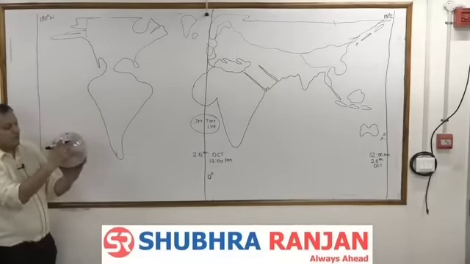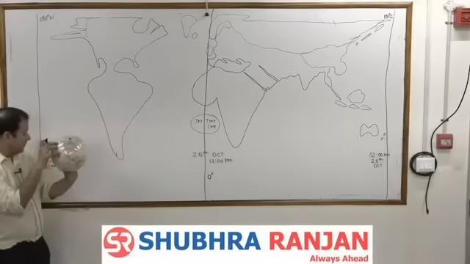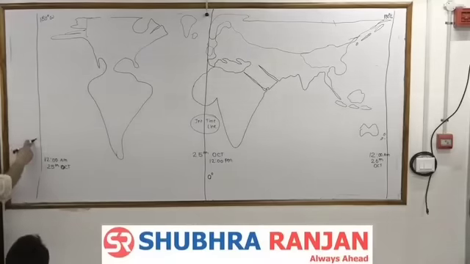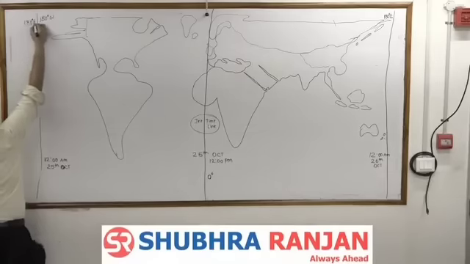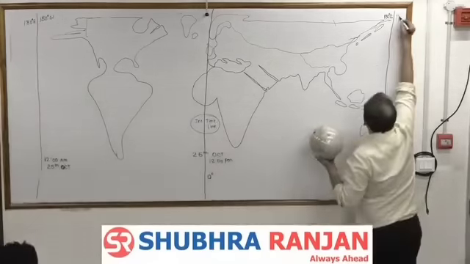If I go to the 180 degree west, what is this? 25th of October. But can you realize the Earth is round, so this line which is 180 degree west is the same line as 180 degree east.